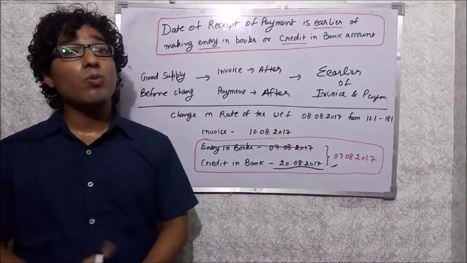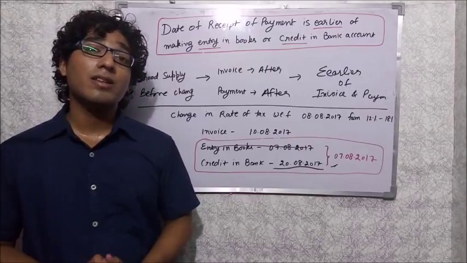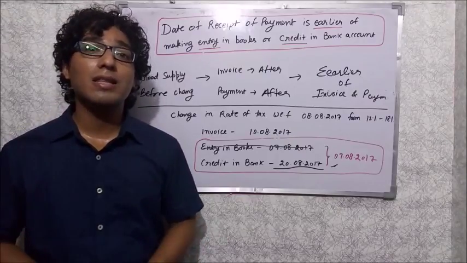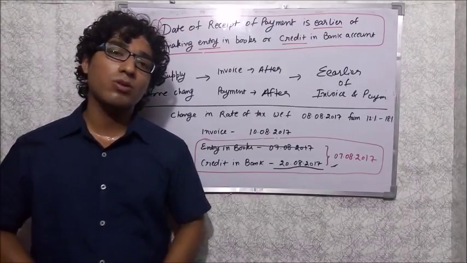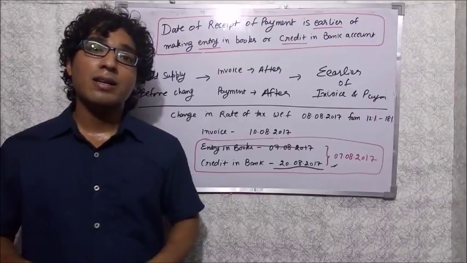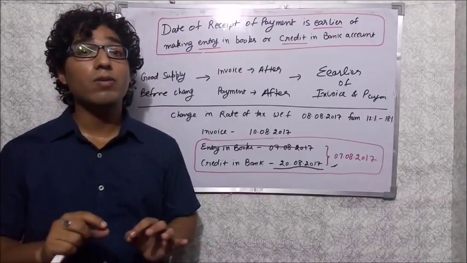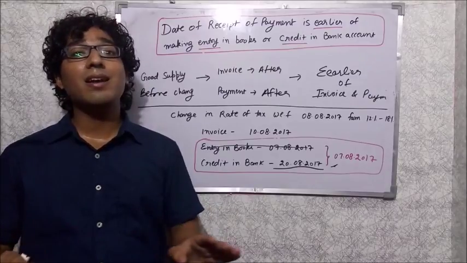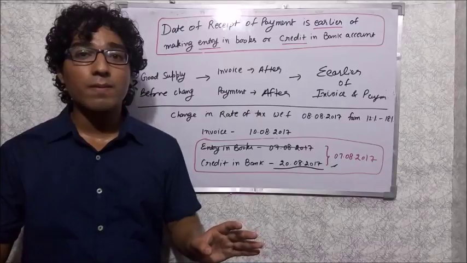So therefore, to plug or take care of such a situation where the supplier can manipulate the entry in his books of account, the law comes up with a solution, and it says that the date of receipt of payment will be different. The date of receipt of payment will not be the earlier of making the book entry or amount credited in the bank account.